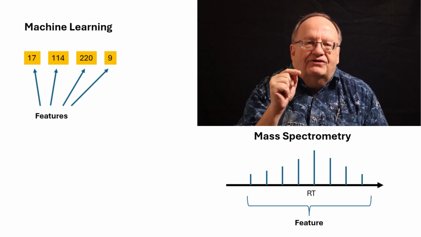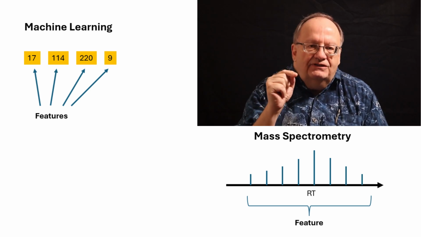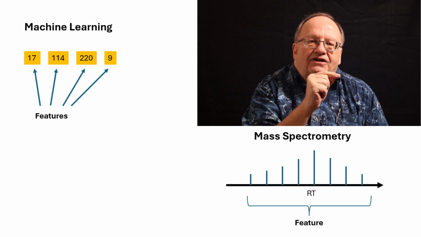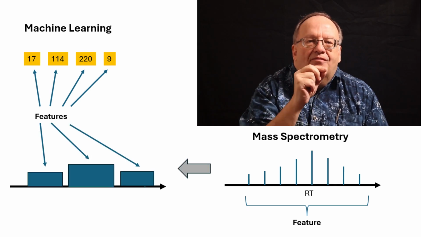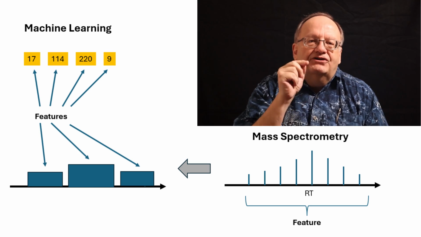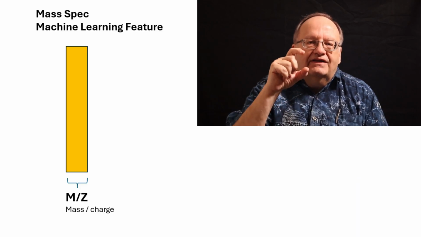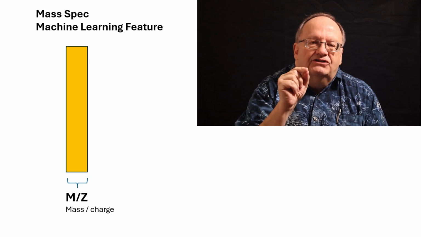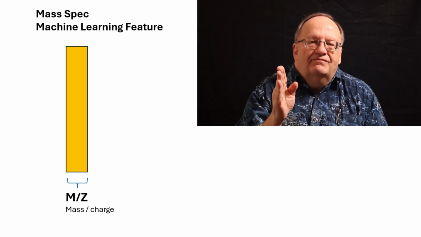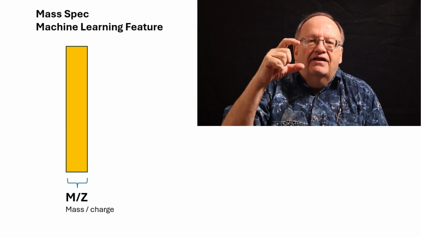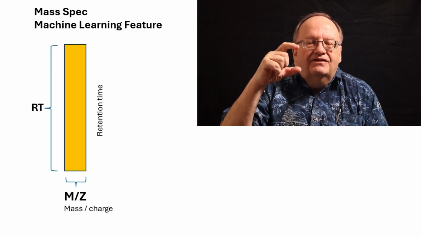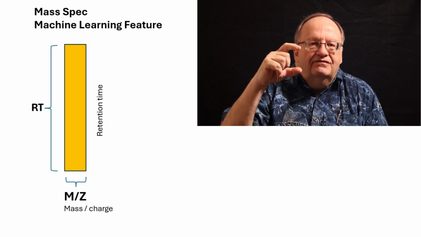So when we're in our mass spectrometry world, we're going to call these data points. And when we're in our machine learning world, which is where we are today, we're going to call them features. So each feature or data point is a rectangle in mass charge. That's what's being measured by the mass spectrometer. And retention time. This is controlled by the chromatography.